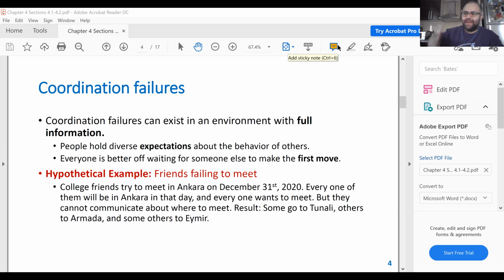All right, then expectations matter, right? Because you cannot communicate with your friend, so you only form an expectation of what he or she would do. All right, and then there's a failure because not everybody can meet in the same place. Some groups go to some place, some groups go to another place, and they only meet their friends there.